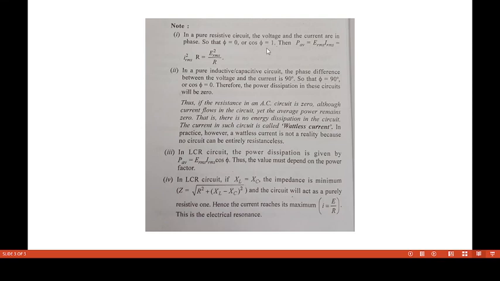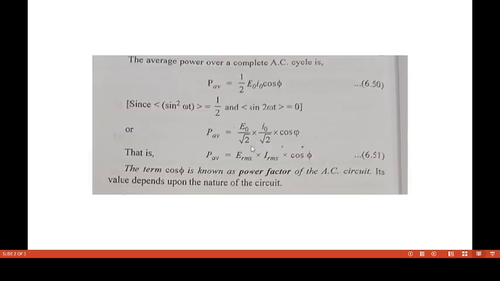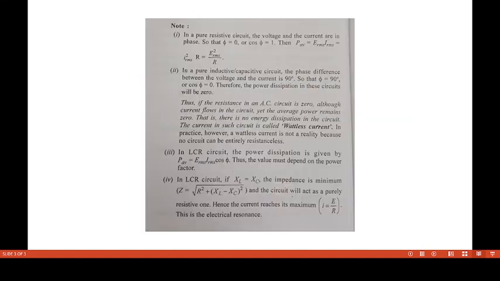Then P average becomes ERMS into IRMS into 1, so P average equals ERMS into IRMS.